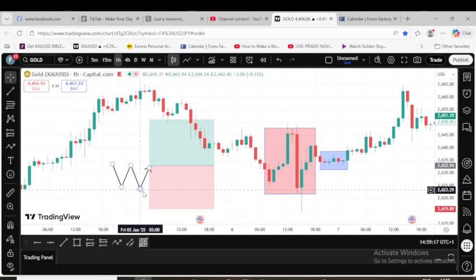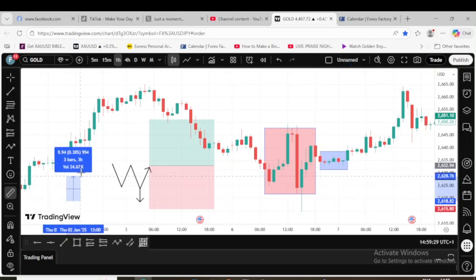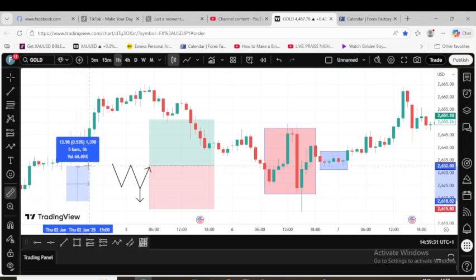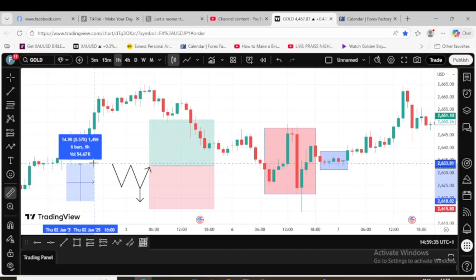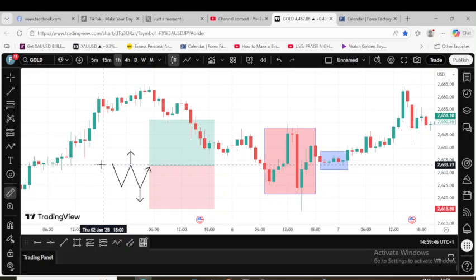If there's a long candlestick wick to the base, let's just assume that there's a long candlestick wick here. Then when I measure, I'll measure from the bottom of the long candlestick wick to the break-even point, but I won't measure past it. That is, if there's a long candlestick wick to the top, let's just say here, I won't measure the length of the candlestick wick to the top.